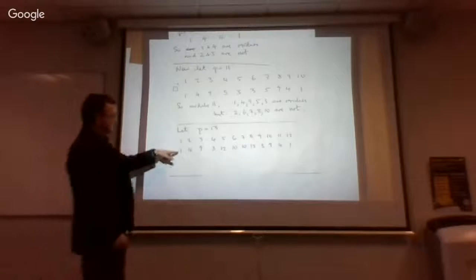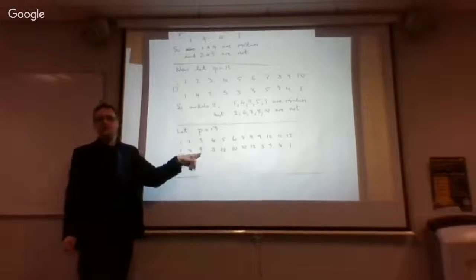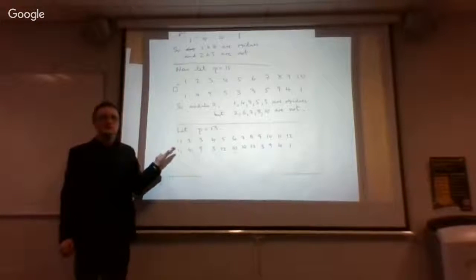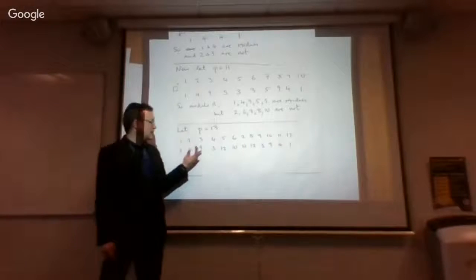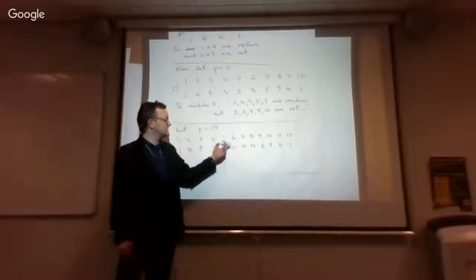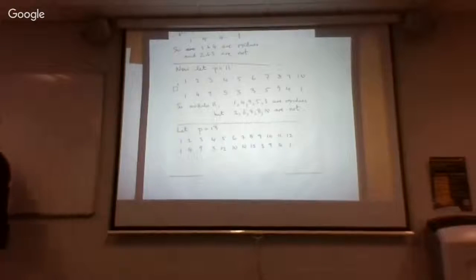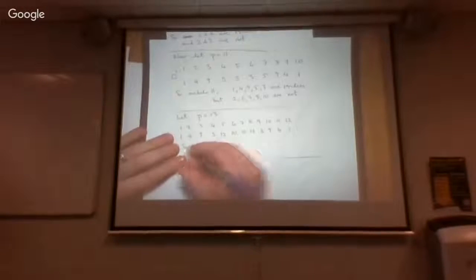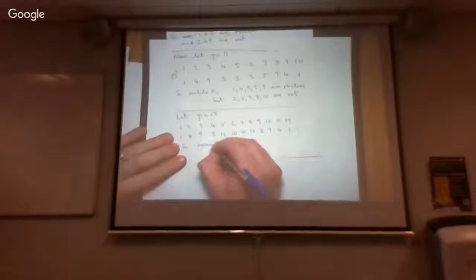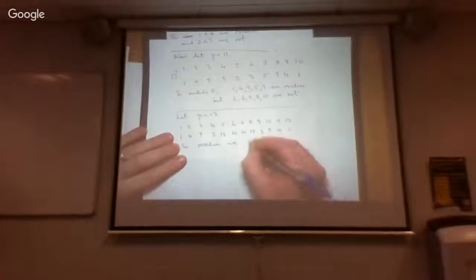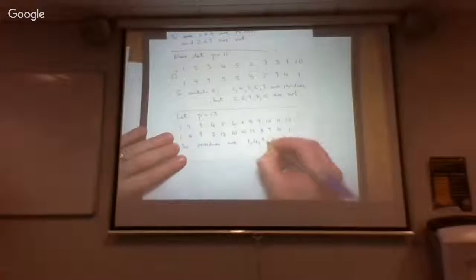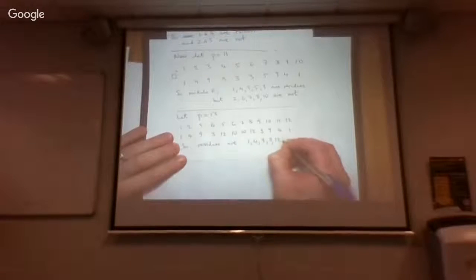So again, we expected to see 1, 4, and 9 as residues because they are square integers anyway. But now we see that 3, 12, and 10 are residues also. Modulo 13, the residues are 1, 4, 9, 3, 12, 10.